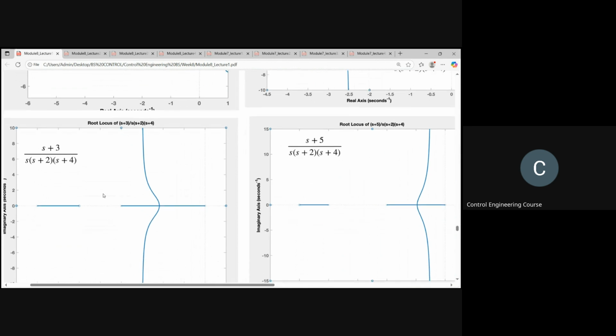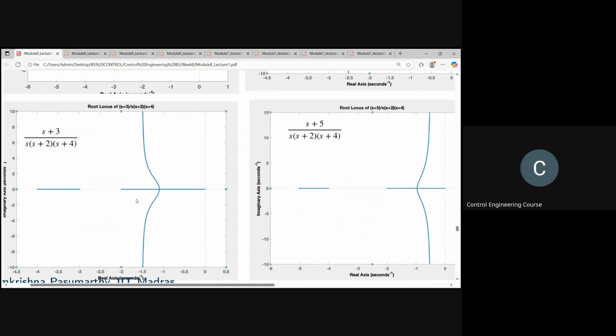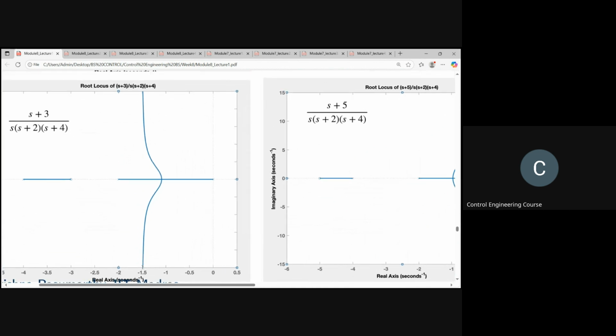Now let's try adding the zero at -3. It turns out you get this. Asymptotically it reaches -1.5. Do you see? Yes, sir. So -1.5 is okay for you. Choose a pole location here, and the third pole will be in this region.